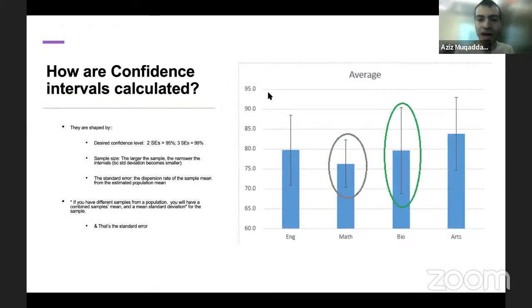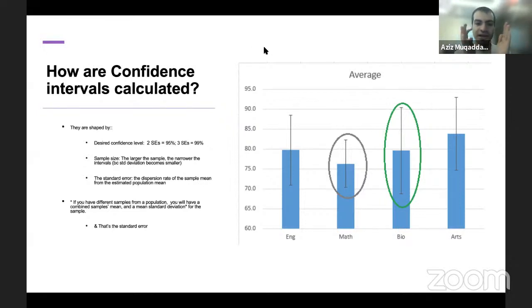How do we know? How do we calculate the confidence intervals, right? So now you're asking, what are the confidence intervals? Remember, going two slides back, we calculated something called the standard error, which comes from the standard deviation. I'm going to show you the formula in the next slide.